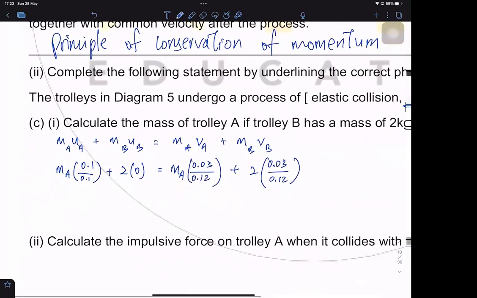So 0.1 divided by 0.1 is 1. 2 times 0 is 0. What is 0.03 divided by 0.12? Calculate that for me. How much?